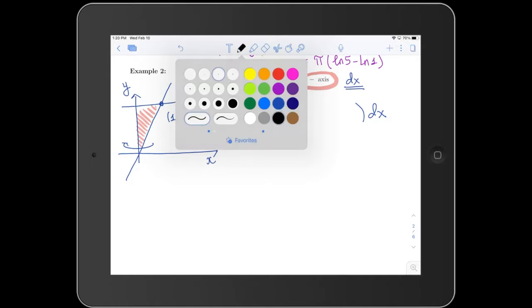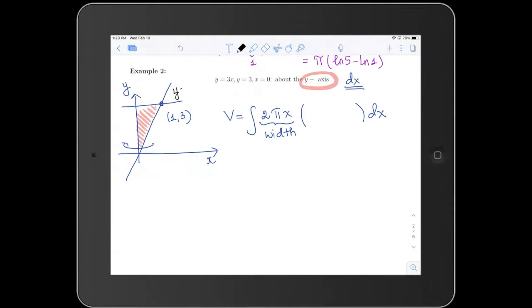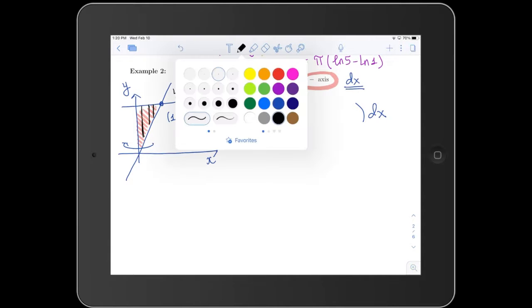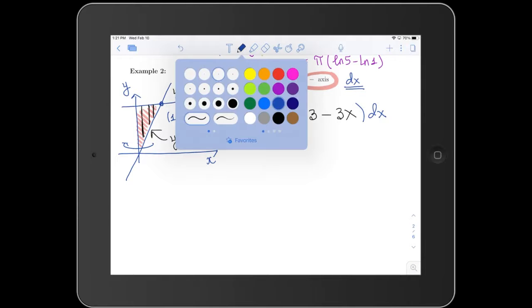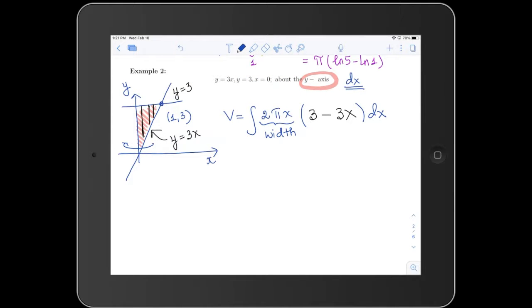The top function is y is equal to 3. This is your height right here. So that goes in here. This is your 3 minus the bottom function, y is equal to 3x. So put it in a different color, because a lot of times this is the step that's a little problematic.